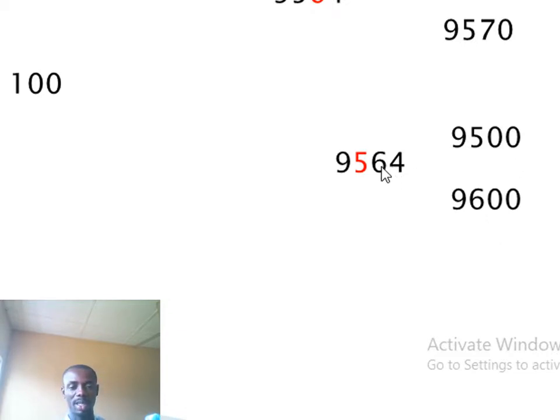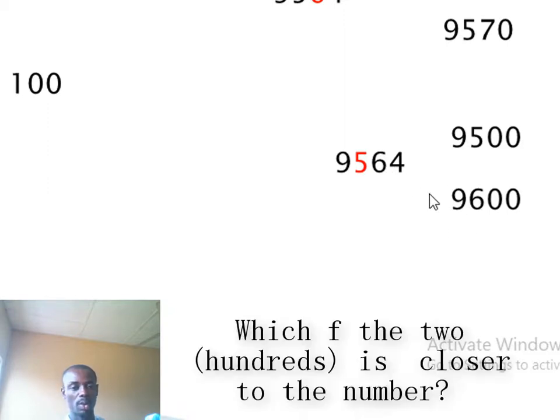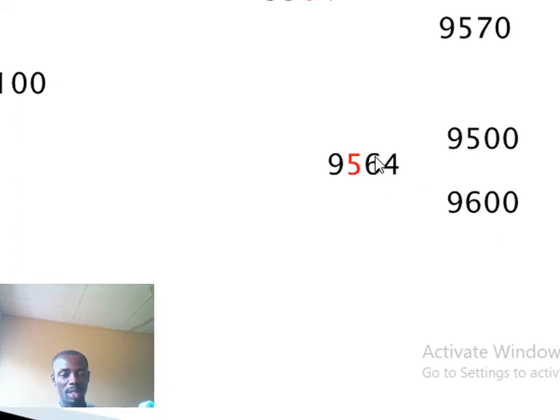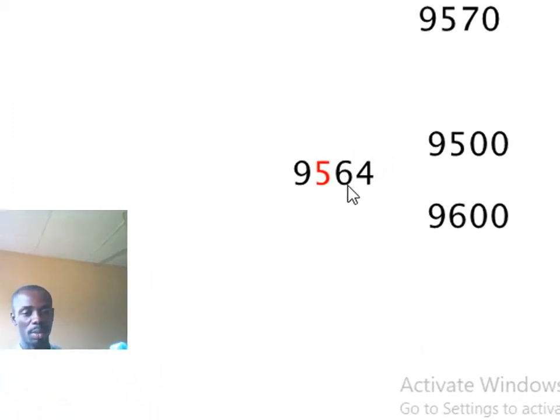Now the question is, which of these 100s is the number closer to? So this is 564. Is it closer to 9,500 or 9,600? Of course, it's closer to 9,600. Why? Now, the 6 is approximable.